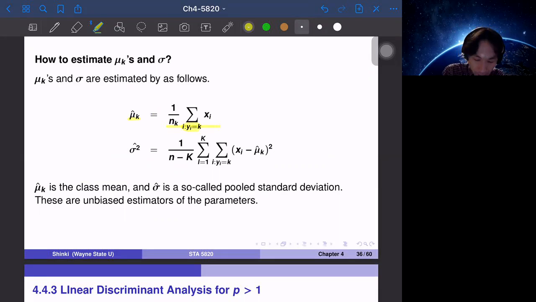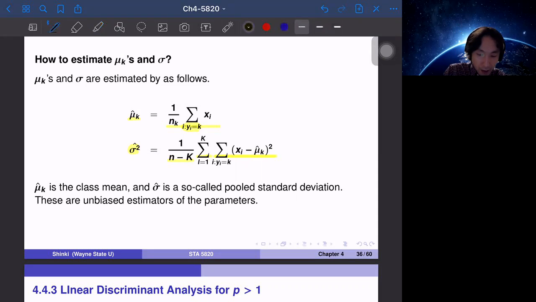And remember that sigma is common for all classes. So we have to take a kind of weighted average of the squared deviations. We calculate the deviation for each observation, then we take the summation across all classes, then we multiply by 1 over n minus k.